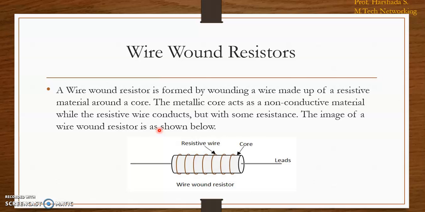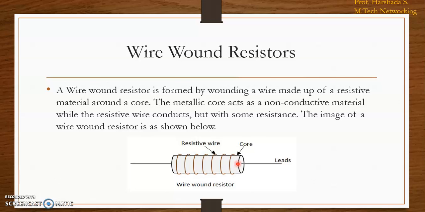See here, a wire wound resistor is formed by winding a wire made of resistive material around a core. So take one core and wind a particular resistive wire around that core. That core acts as a non-conductive material, so it does not accept any current.